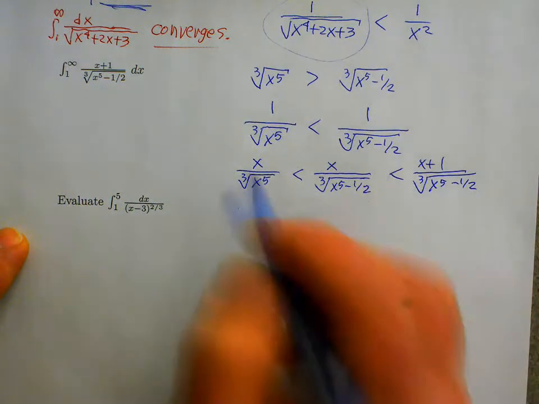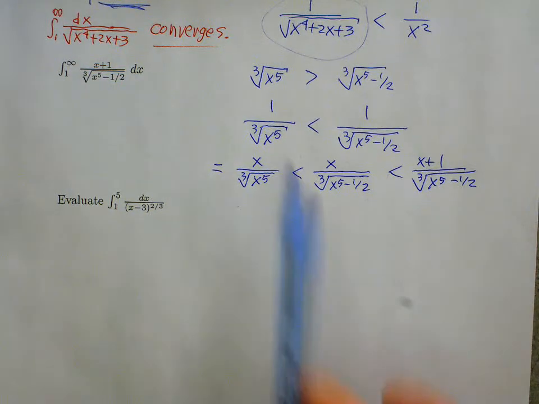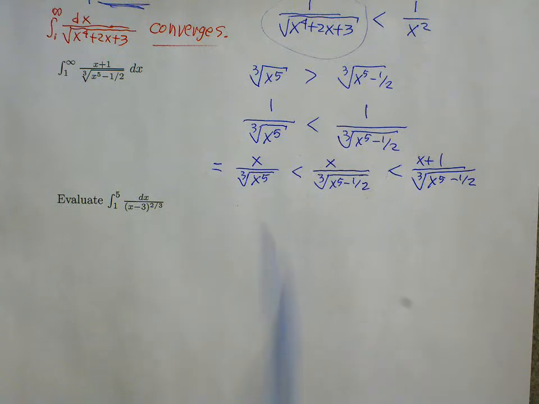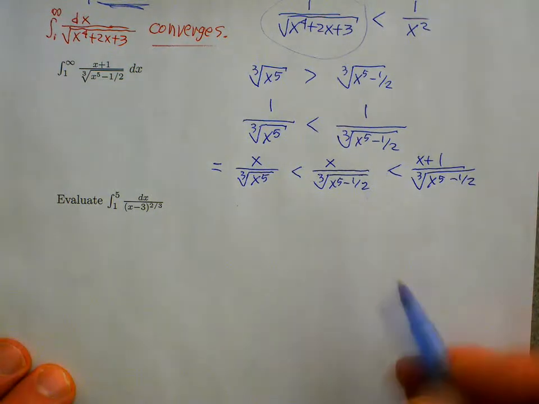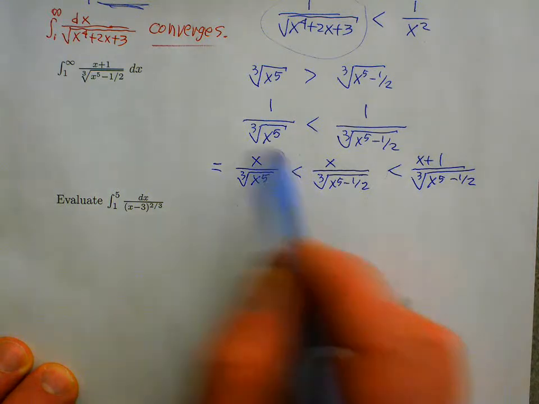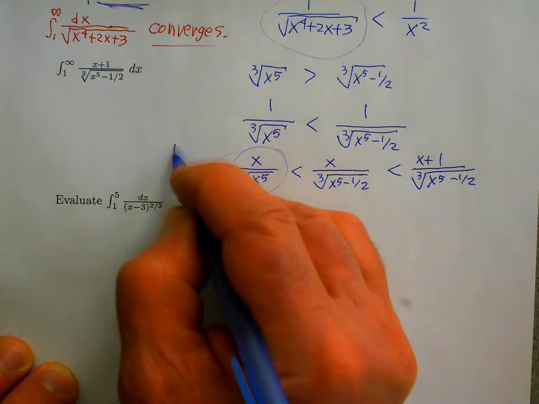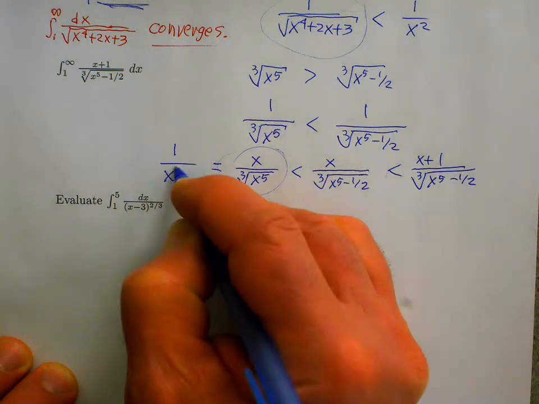But as we were discussing earlier, how do we simplify x divided by the cubed root of x to the fifth? It's 1 over x to the 2/3, right? When we simplify this using properties of exponents, this is 1 over x to the 2/3.